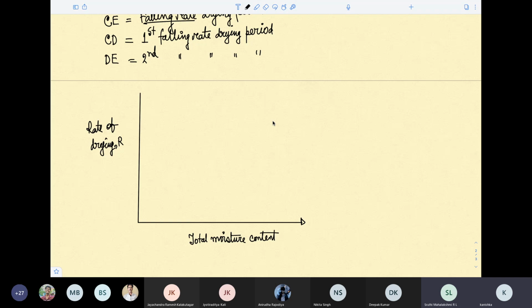Remember, initially the moisture content is high and it is gradually going down. That means it will start from somewhere here and go to this side, right? Okay, I will draw it.